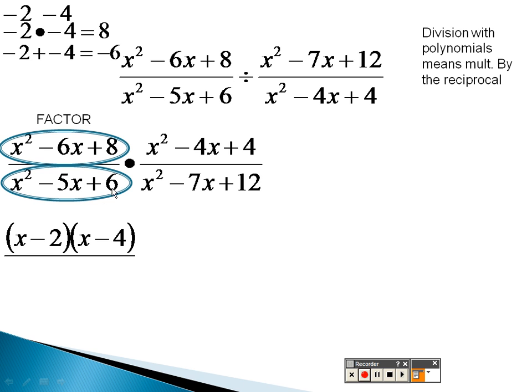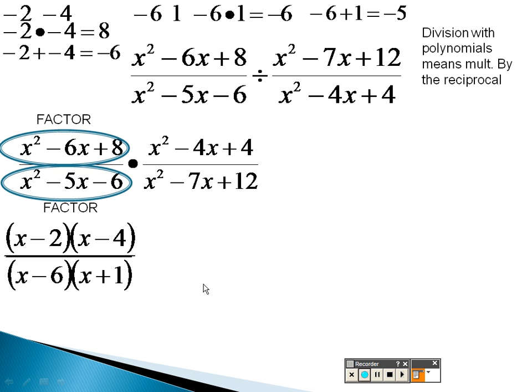On to the bottom, what multiplies to give you negative 6 that adds to give you negative 5? Negative 6 and 1, because negative 6 times 1 is negative 6. And negative 6 plus 1 is negative 5.